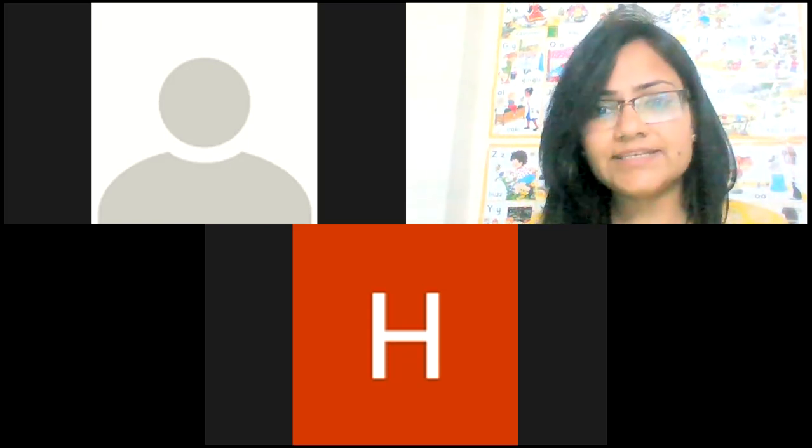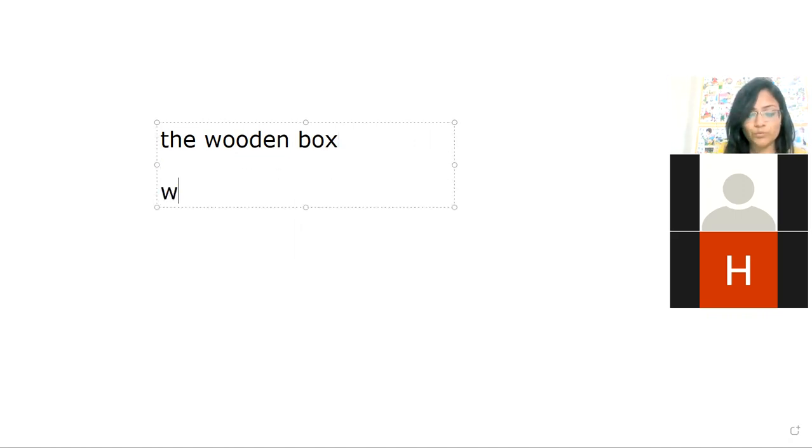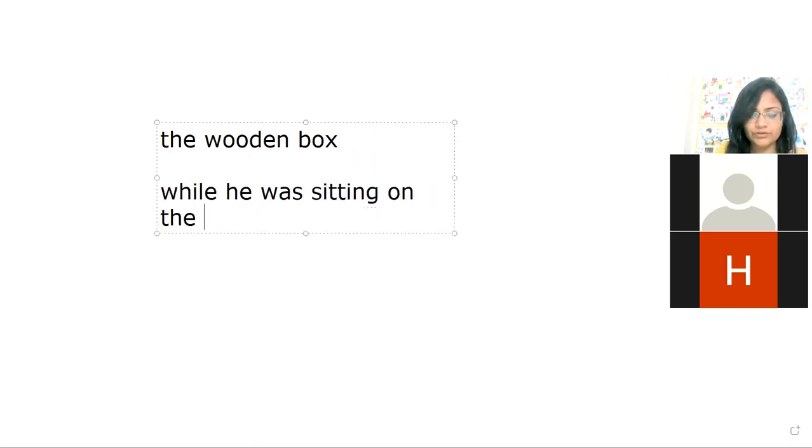See, a phrase, as I told you, will have what? More than 1 word. For example, the wooden box. It's a phrase. Now, while he was sitting on the wooden box.